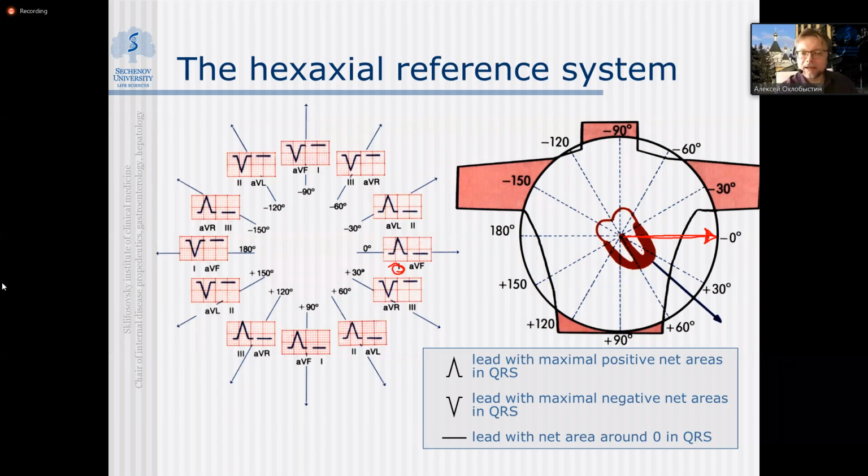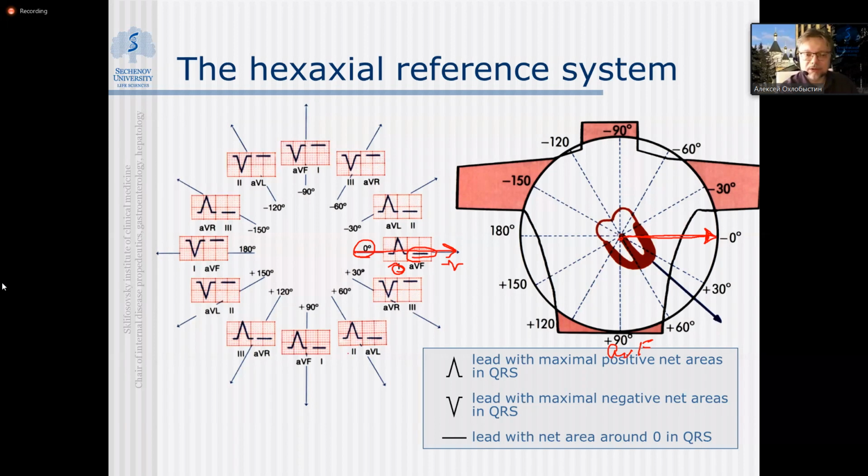In that case, in the perpendicular axis, AVF, you get zero projection, so your patient will have an equiphasic complex in AVF. That gives an angle alpha equal to 0, so the mean vector coincides with the positive portion of the first standard lead.